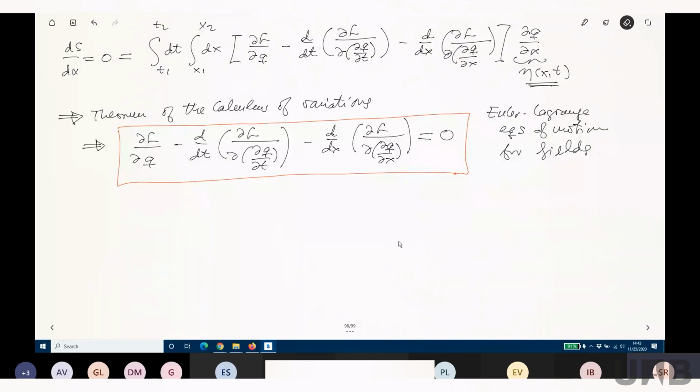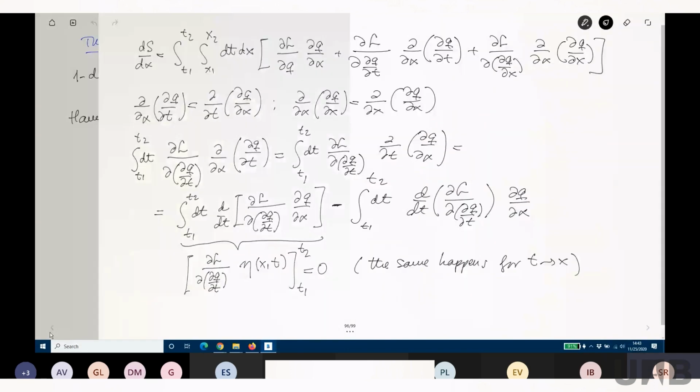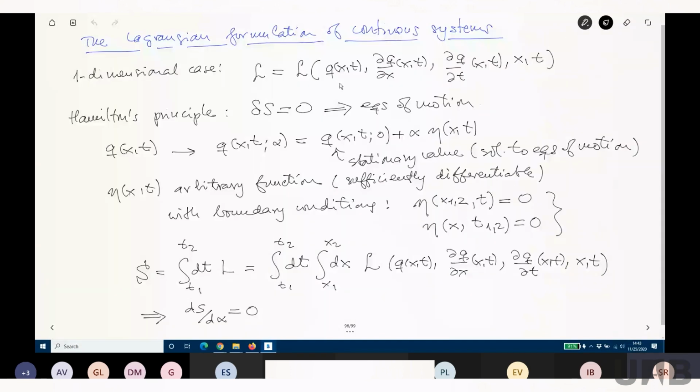Good. Now, remember that we started from a Lagrangian that has some explicit x and t dependence. We just said we want the most general thing, even though this is not very common. It doesn't happen very often. There are only a few cases in which you have to consider this explicit dependence.